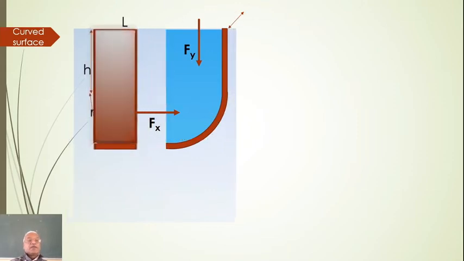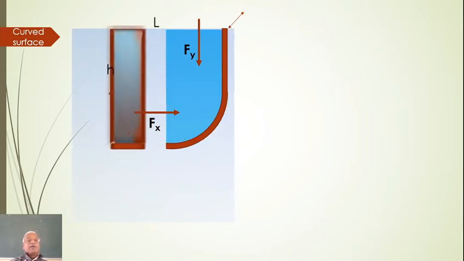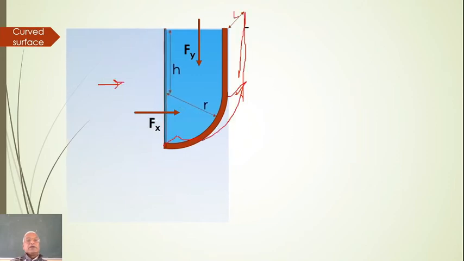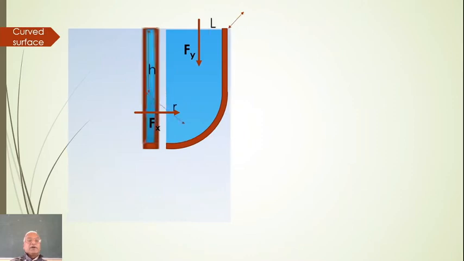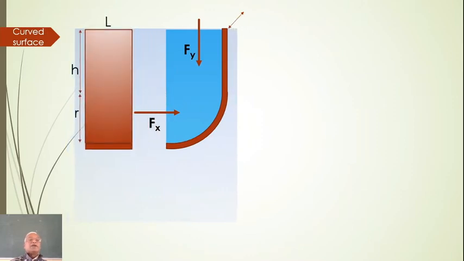Let us see. Okay, I think you can just see here this curved surface. When you look exactly from the front, it looks like a rectangle with a width L. So whatever L is there, it has gone there, L width, right? And this is a plain vertical surface, but this is a curved surface which looks like a rectangle of height r.